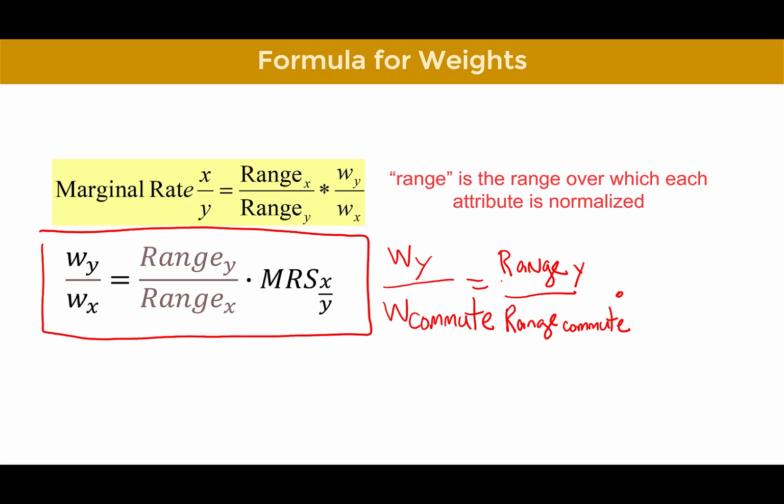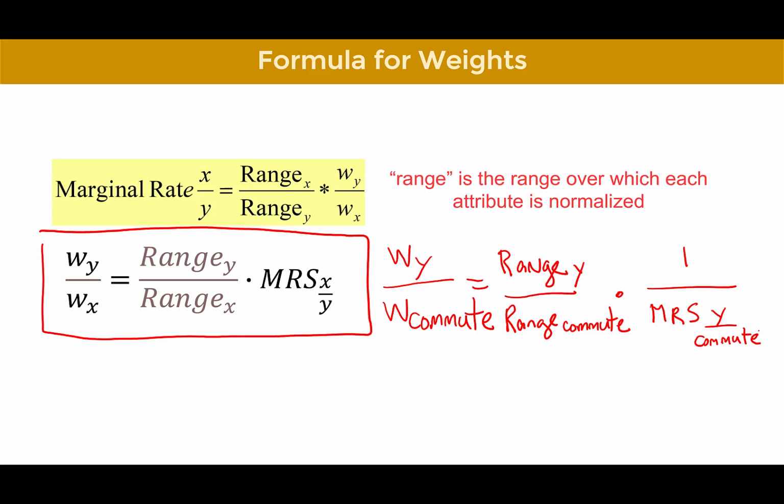What we actually have, we don't have the marginal rate of commute time per each metric. We have the marginal rate of each metric per 1 minute of commute time. So what this turns out to be is 1 over the marginal rate of substitution for y over commute. So how many dollars per minute of commute, how many square feet per minute of commute, etc.